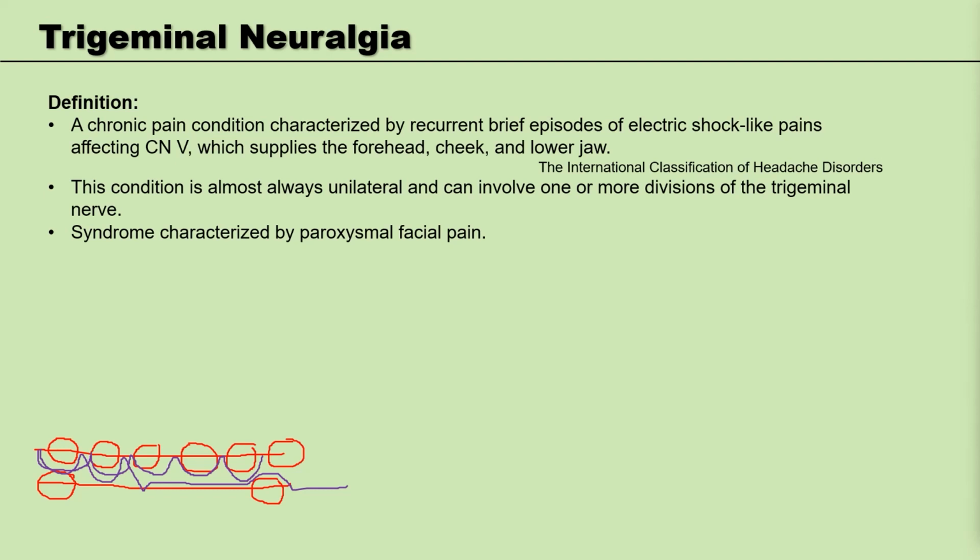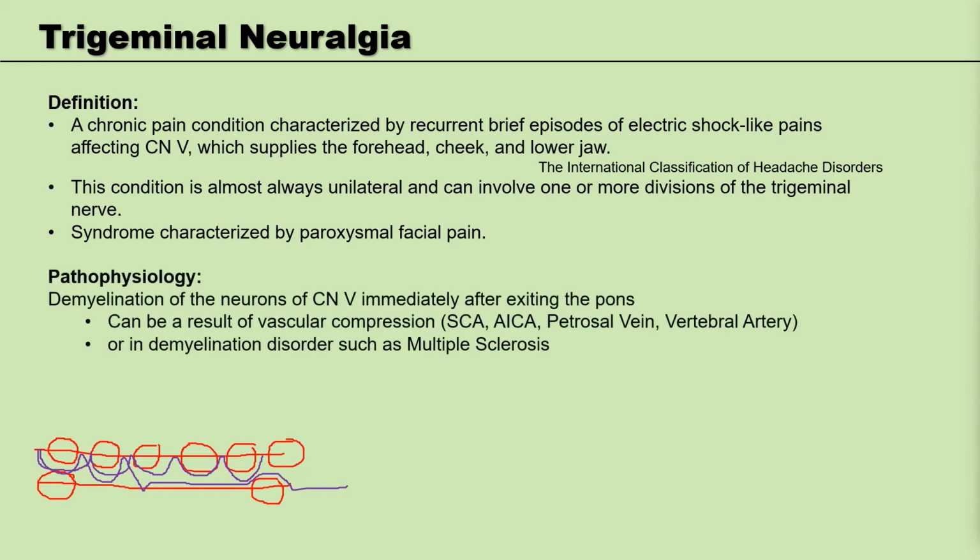The pain associated with trigeminal neuralgia cannot be understated. In fact, this disease is often, perhaps insensitively, nicknamed the suicide disease, due to the high rates of suicides associated with this illness. The pathophysiology of the disease is thought to be demyelination of the trigeminal root, shortly after it exits the pons.